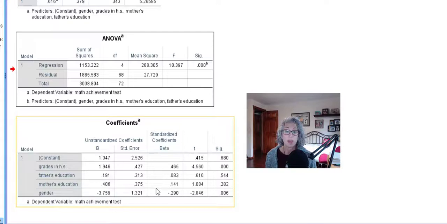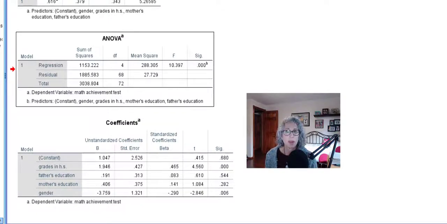And so we can't just take them out and expect it all to be still the same explanation level. And there's a certain piece of this that we expect to see in the model based on the theory. And so just think about that logically. It makes sense to have both parents' education in there, even though they're not significant in terms of their intercorrelations. All right.